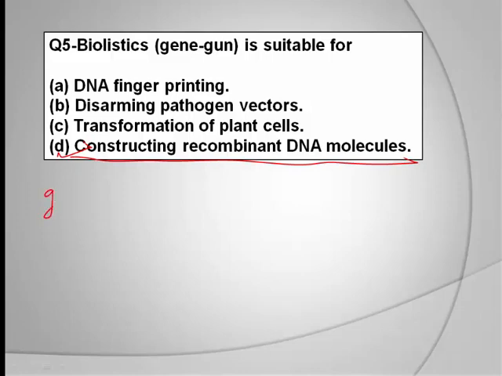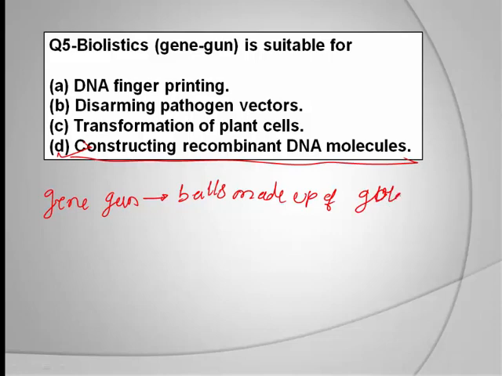Then the question is, what is this gene gun? In this, balls made up of gold or tungsten are coated with desired DNA.